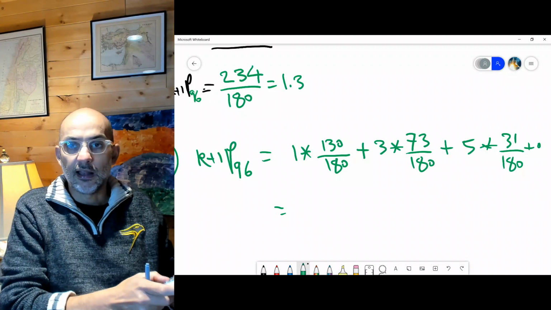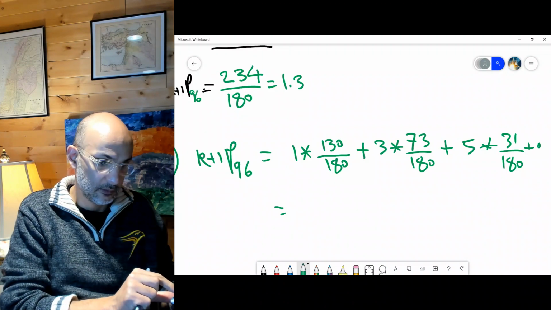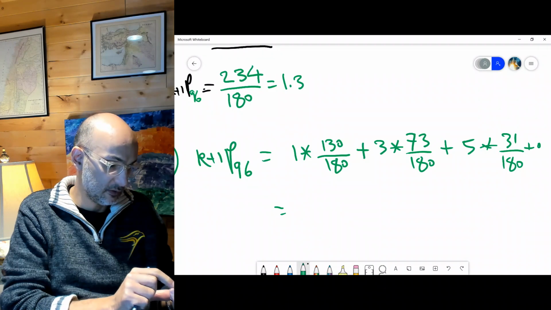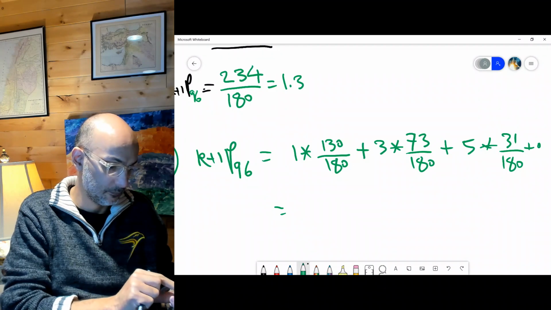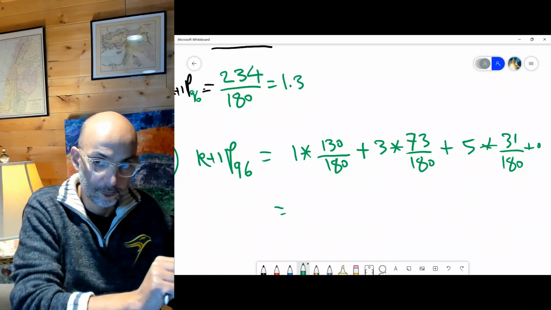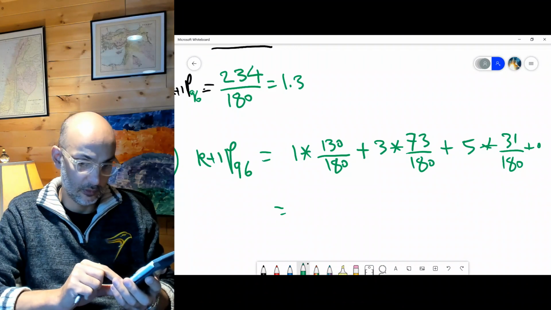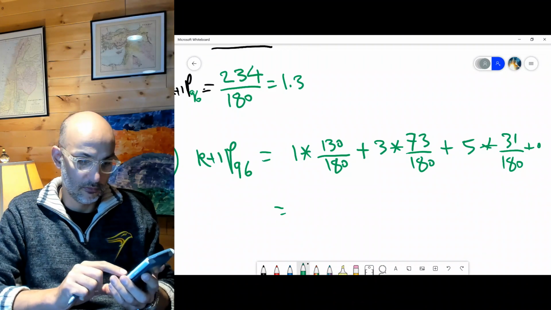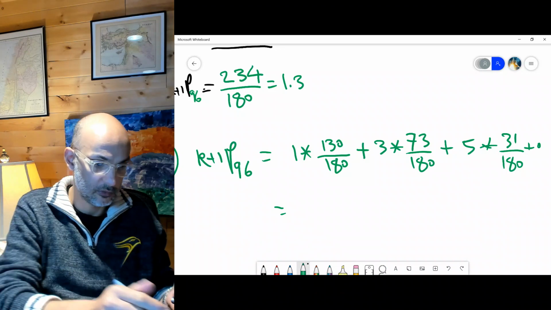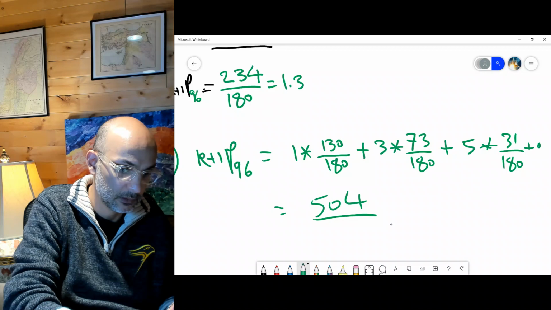Just to use the calculator, 3 plus 5 times 31 divided by, so I got 504 divided by 180.